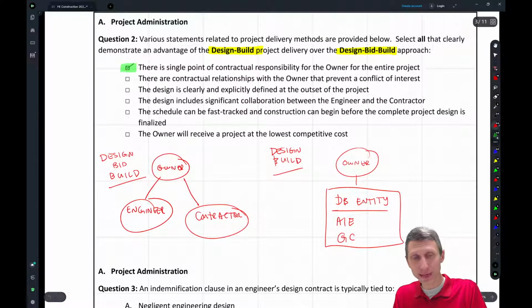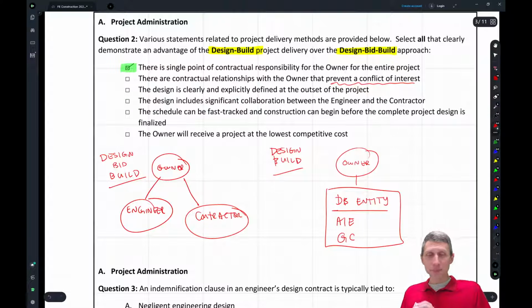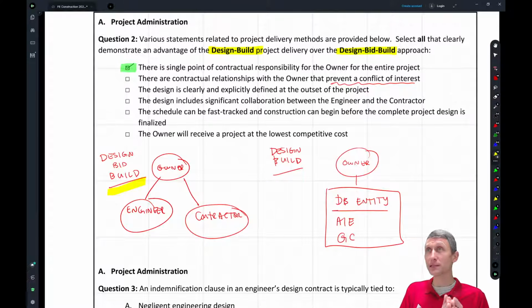Well, we get that conflict of interest thing going on again, right? And this is where I think the design bid build process is a lot better to avoid conflicts of interest, because the engineer is always working directly for the owner.